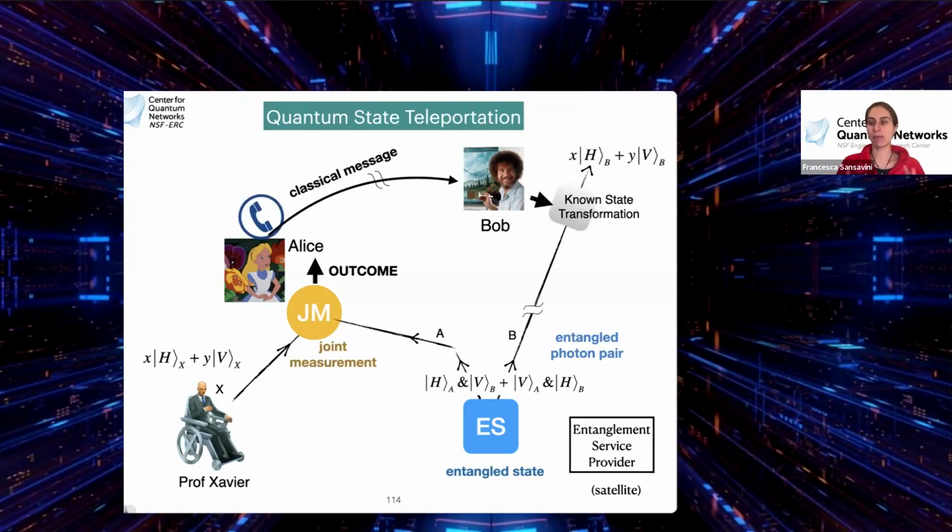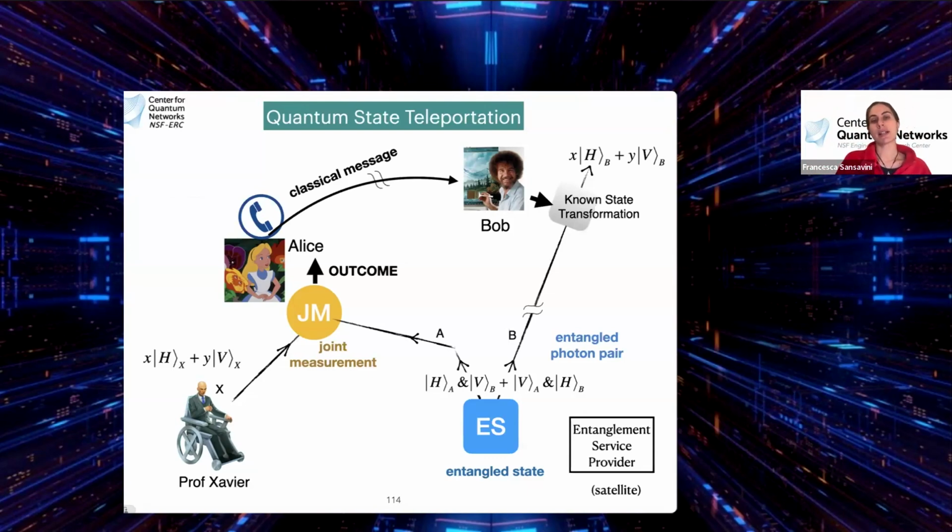And something not really the same as in entanglement swapping, but something similar will happen, which is that the state of Professor Xavier will be transferred to Bob's photon on the condition that Bob applies a specific state transformation. And for the specific state transformation on his photon that Bob has to do, he will need to ask Alice.